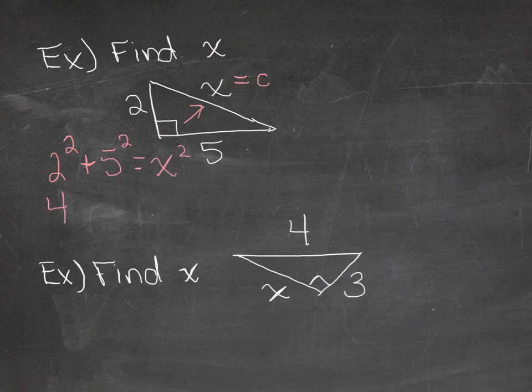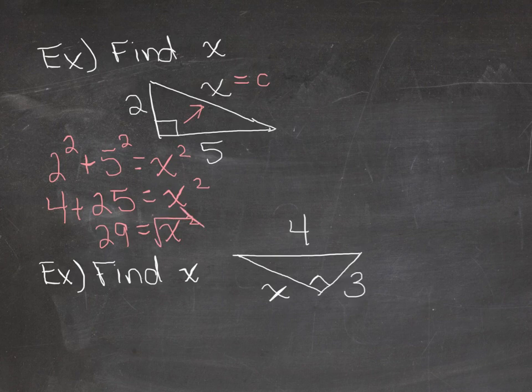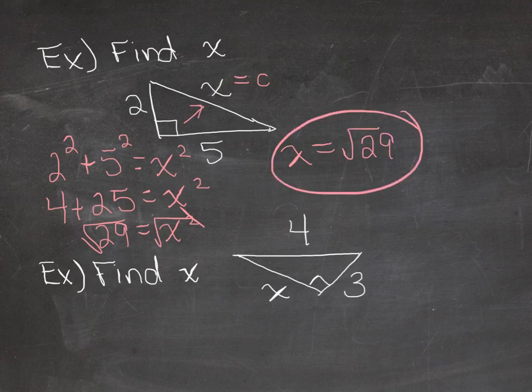So I have 4 plus 25 is equal to x squared, so 29 is equal to x squared. Now I take the square root of both sides, so x is equal to root 29.